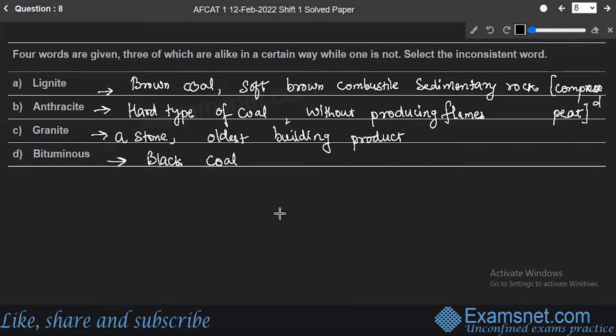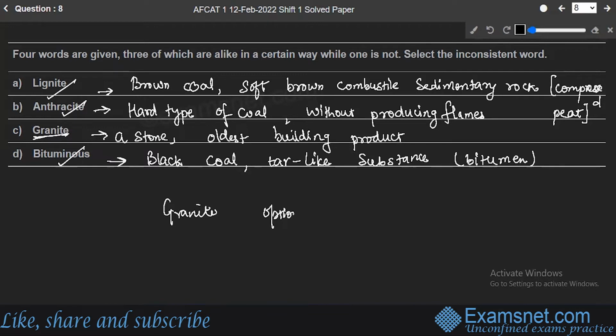It's a type of coal which contains a tar-like substance called bitumen. So see, this is a type of coal, this is a type of coal, this is a type of coal, whereas granite is a stone. So the odd one out, the inconsistent word here, is granite. That's option C. Hope this is clear.